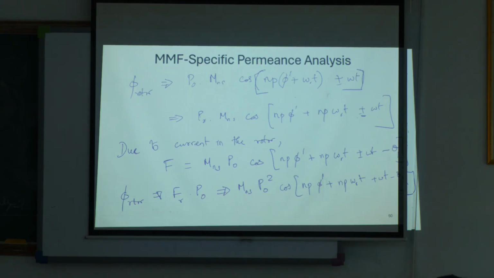So if I reconvert this variable into the stator frame of reference, it will become NP into phi plus or minus omega t minus theta. So this is how the equation will look. Am I correct?